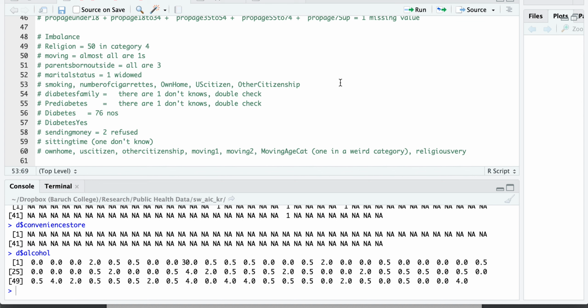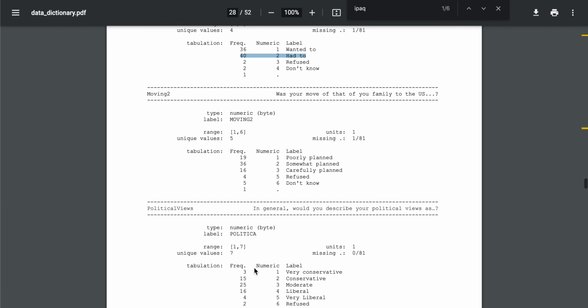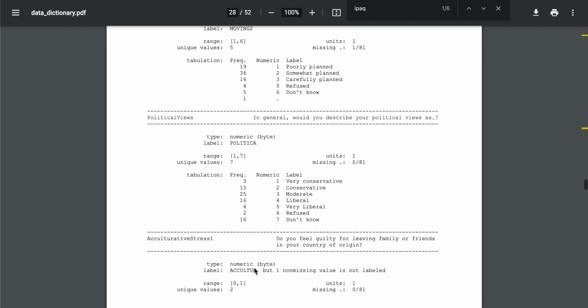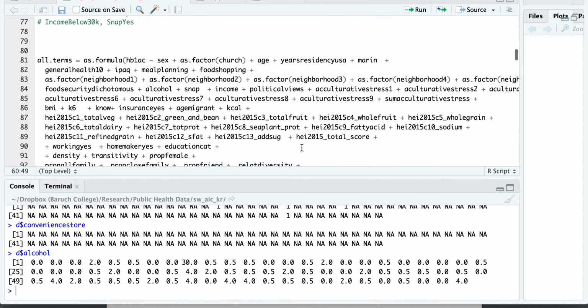Good, I already put it there. Then we go into political views, and we have 7 categories. Let's see if we are going to use it. Yes, so we need to make it as factor.